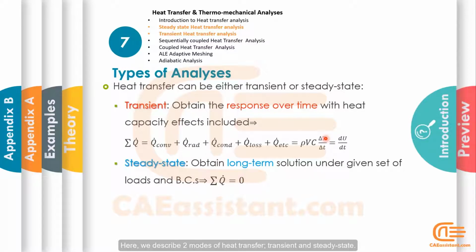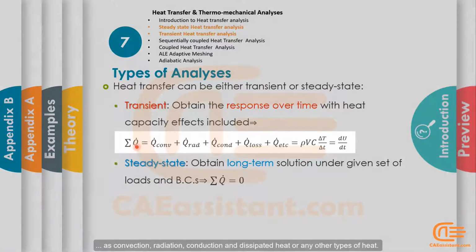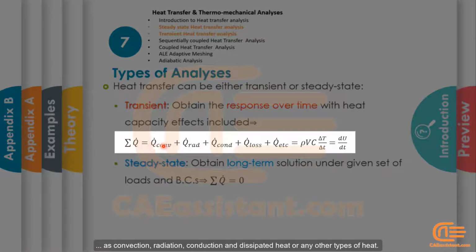Here we describe two modes of heat transfer, transient and steady-state. In transient mode, the overall heat transfer rate is equal to the sum of all heat transfer rates in different modes, such as convection, radiation, conduction, and dissipated heat or any other types of heat.